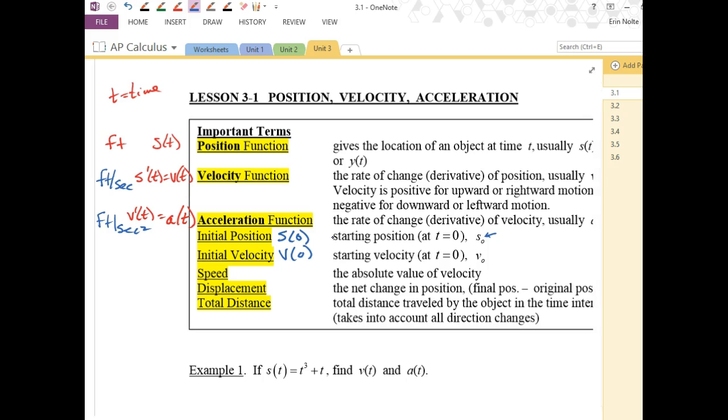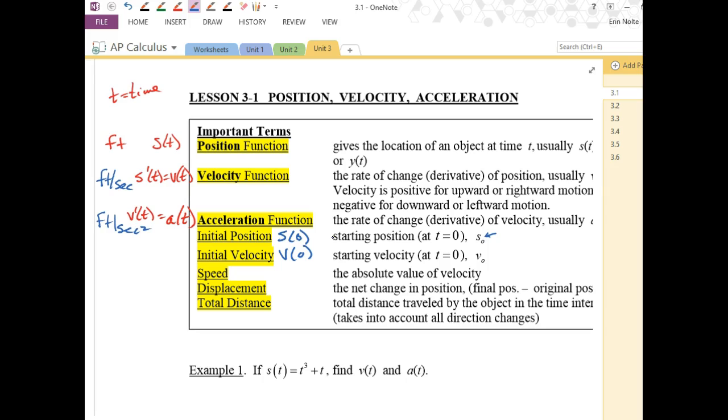Speed, you guys understand what speed is? How fast something is going? In order to find speed, it is simply the absolute value of your velocity. Excuse me, I said that wrong. Velocity can be measured in a positive or a negative manner; the sign just describes the direction.